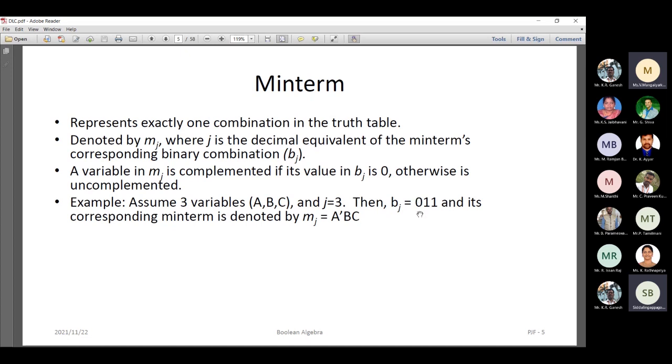If you want to represent these three numbers in terms of the variables A, B, C, then we write it as A bar B C. So a 0 in a min term should be represented in complement form, and whenever you have a 1, you should represent it in non-complement form.